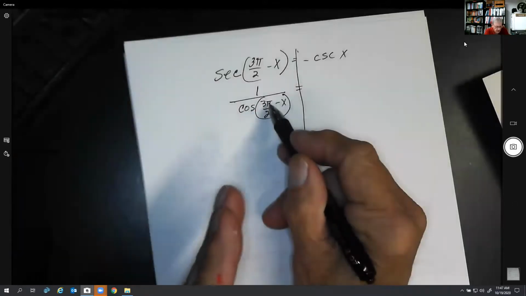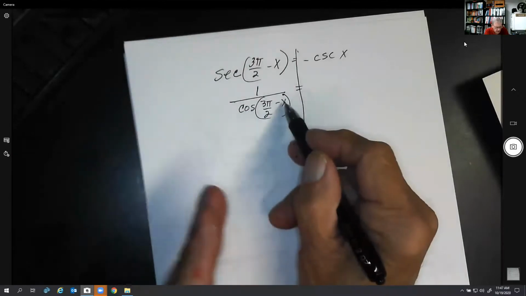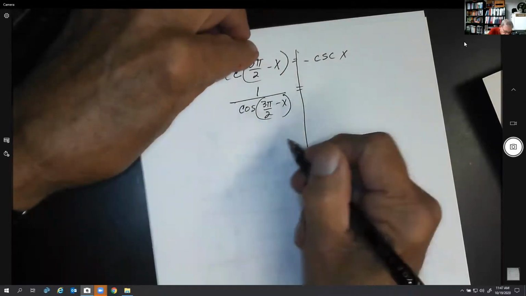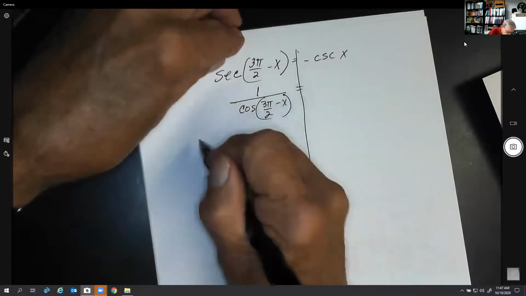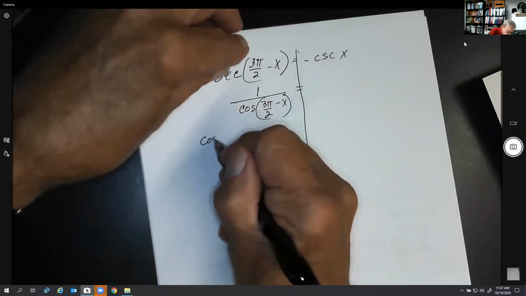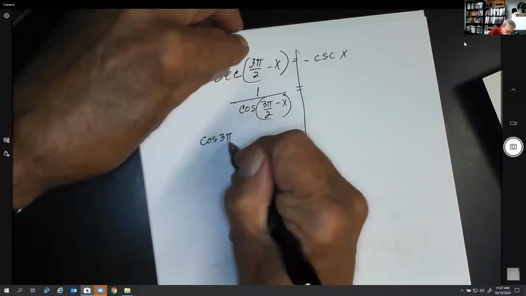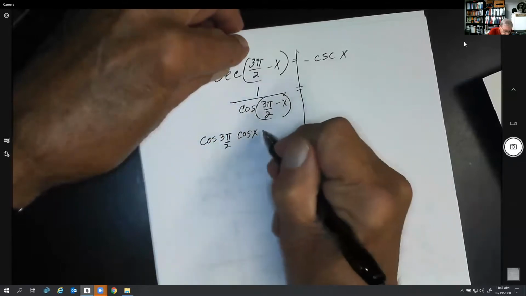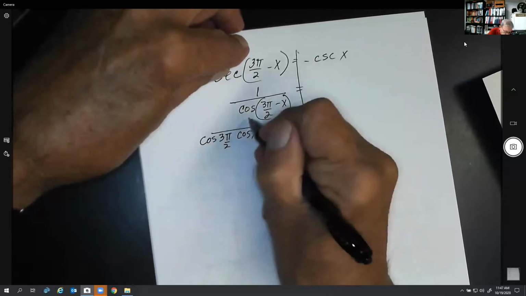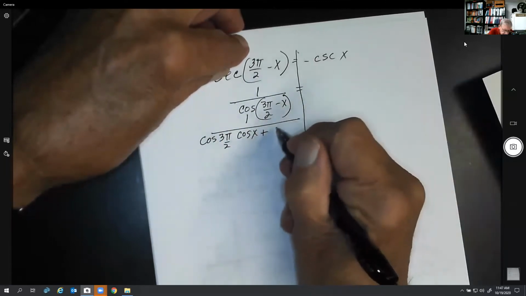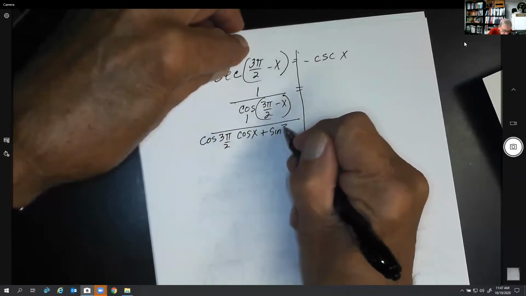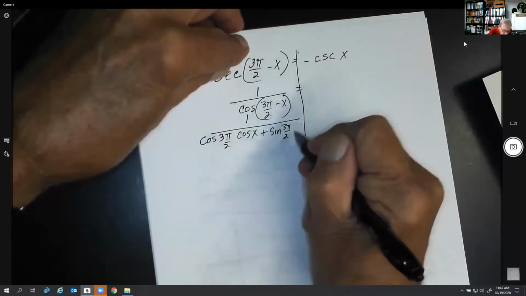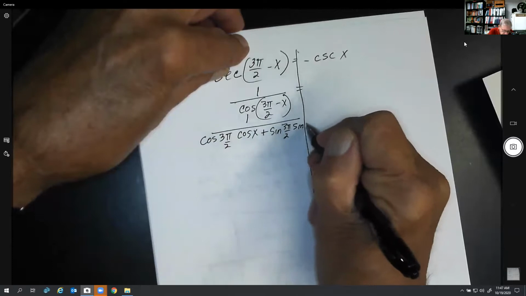It's not cosine of 3π/2 minus the cosine of x. It's cosine, cosine, sine, sine. So this is going to be the cosine of 3π/2 times the cosine of x plus the sine of 3π/2 times the sine of x, all of it 1 over that.